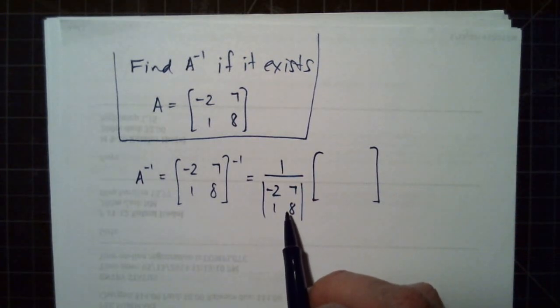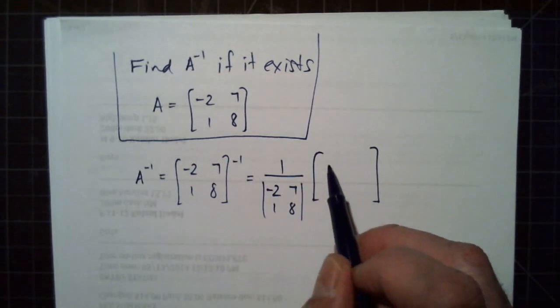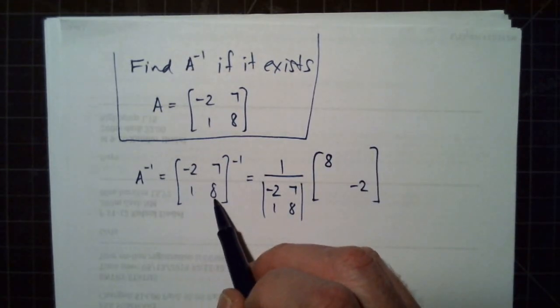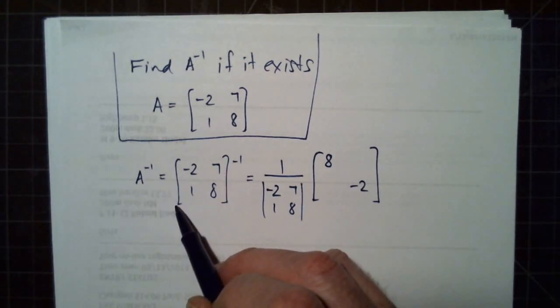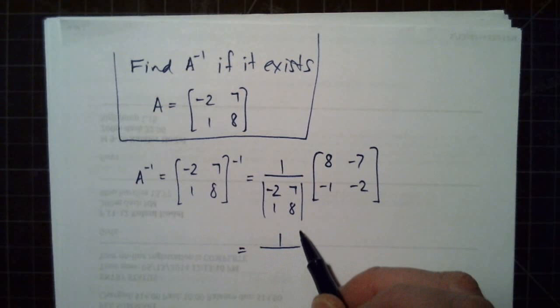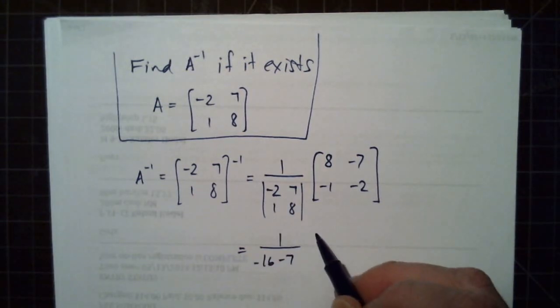So we're going to do the determinant, 1 over the determinant, and here we switch the places on this diagonal, and we change the signs on that diagonal. Negative 16 minus 7.